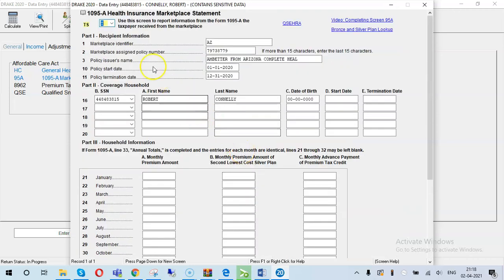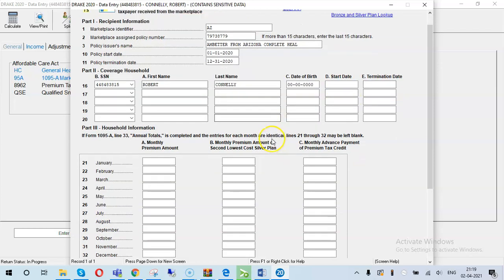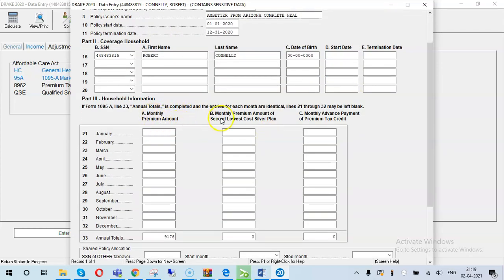You can see the form like 1095-A, Health Insurance Marketplace Statement: the marketplace identifier, policy number, policy insurer's name, start date, policy termination date, coverage household name, SSN, date of birth, start date of the policy, end date of the policy. Also the monthly premium amount of the second lowest cost silver plan, monthly advance payment of PTC, or premium tax credit.